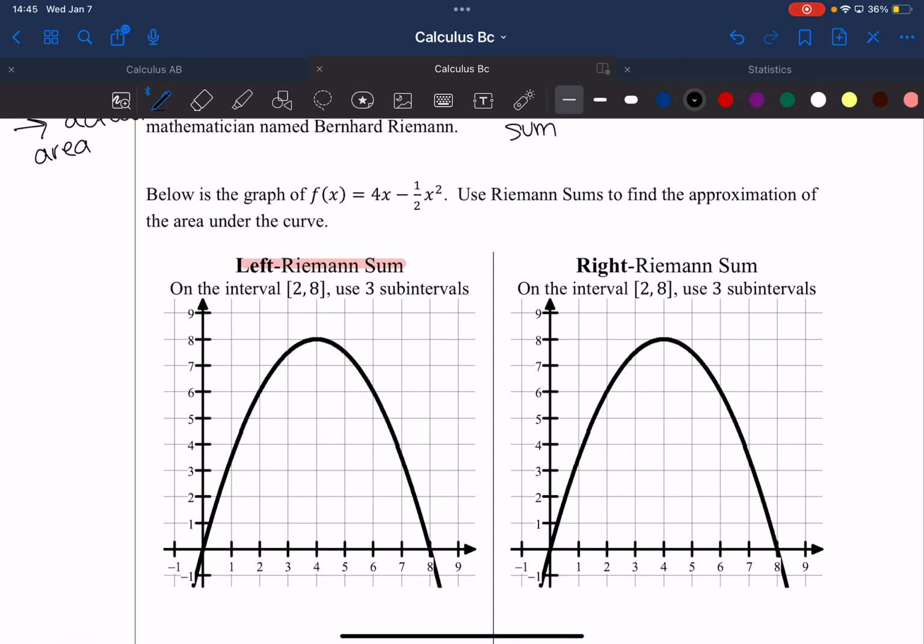Left Riemann sum means that the left corner of our rectangle touches the curve. Versus right Riemann sum means which side is touching the curve? The right corner.